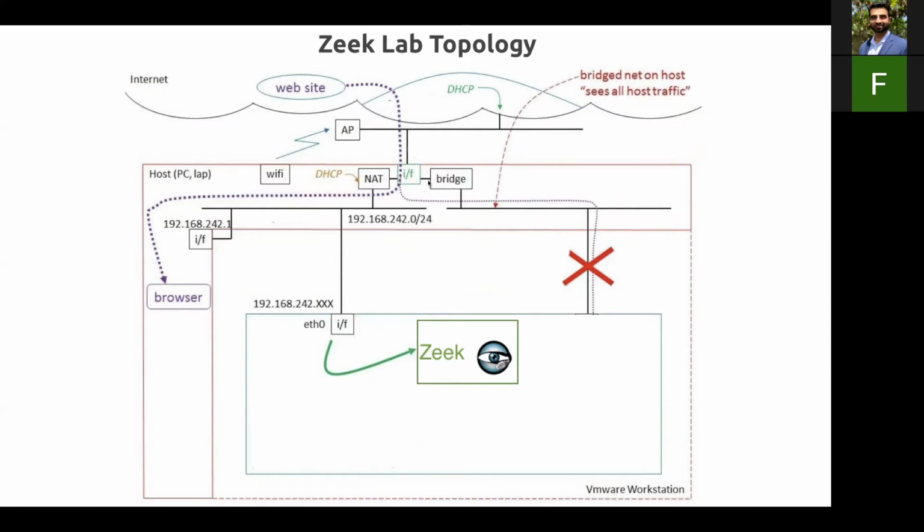We all have interfaces on our system, and then we have a Wi-Fi interface. It doesn't matter whether you're connected to the Ethernet or the Wi-Fi. If you are connected to the Wi-Fi, you will be connecting to the access point, which will give you an IP address, and that access point is wired to the internet, to your switches and routers and whatnot, from where it is providing you the DHCP IP address.